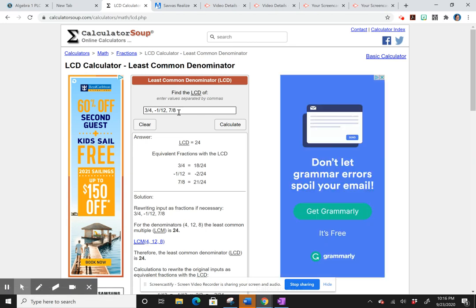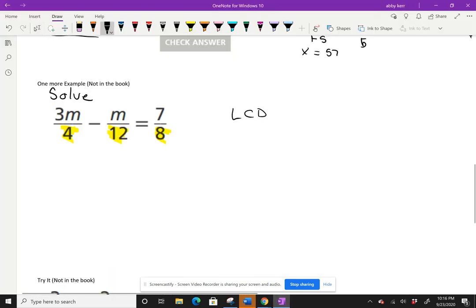Leave the variables out of it. We just want to find this number right here, 24. And if you know it offhand, you don't have to use this website. It's just to help you. So the least common denominator is 24.